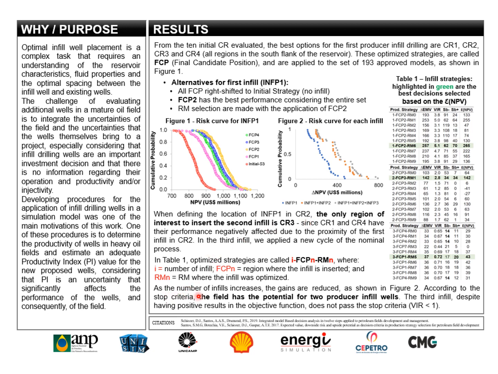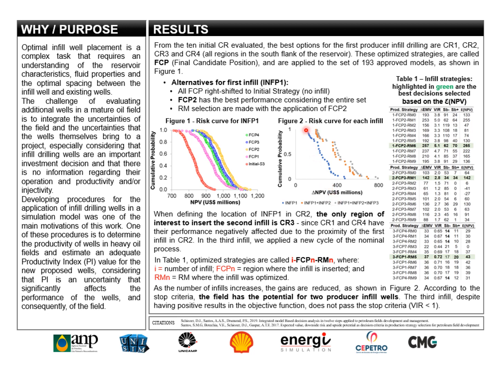So as the number of infill wells increases, the gains are reduced, as shown in figure 2. In figure 2 we have the NPV increase. This increase is basically the NPV considering infill drilling minus the NPV without any infill drilling.